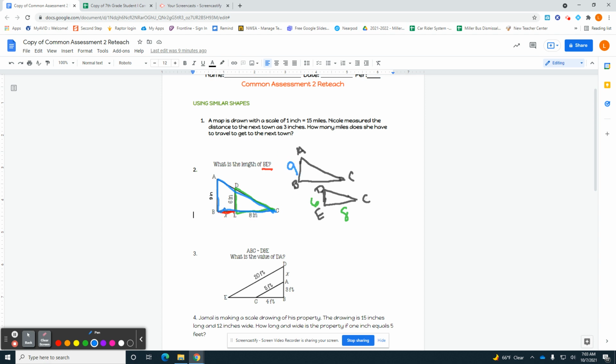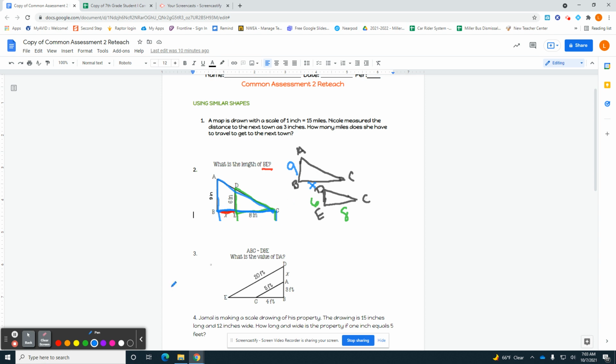Do I know how long BC is? No, I don't, because BC is from here to here, and 8 is only from here to here. So I need to know how long BC is before I can figure out how long BE is.